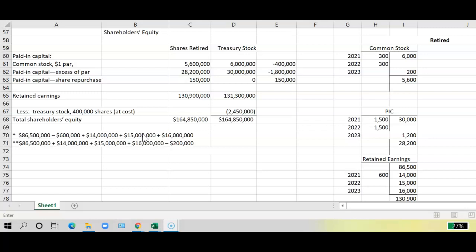So there would be a debit to treasury stock of $2,450,000, and notice it is a subtraction to the equity account.